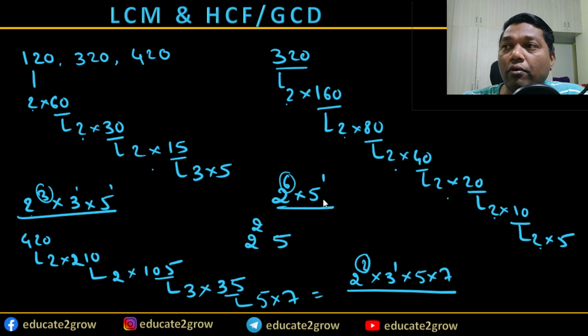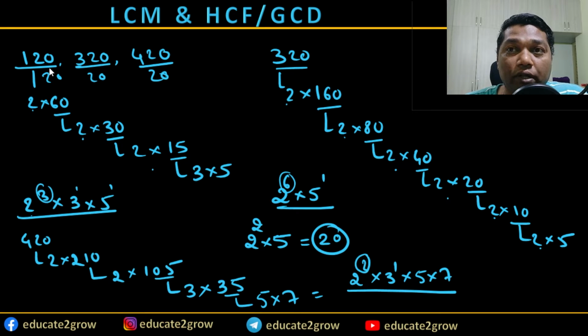And 5 is 1, so multiply it here: 2 to the power of 2, which is 4, into 5 equals 20. The answer is 20. So 20 is the highest common factor which will divide this number, this number and this number equally. That's how we calculate the HCF using prime factorization.